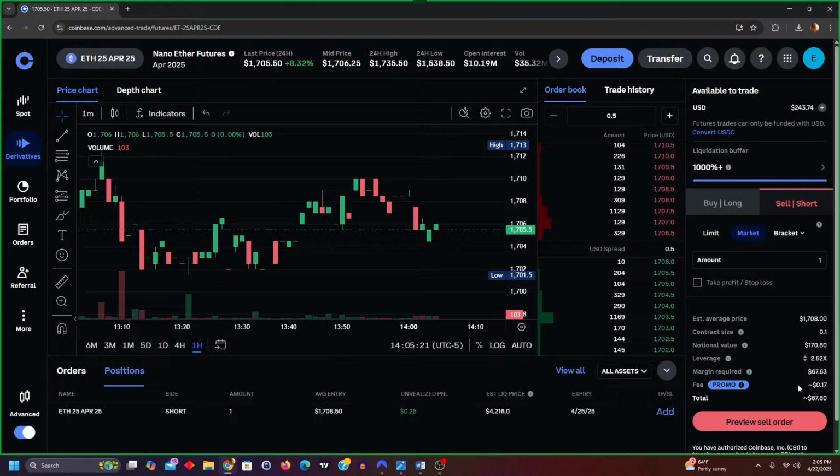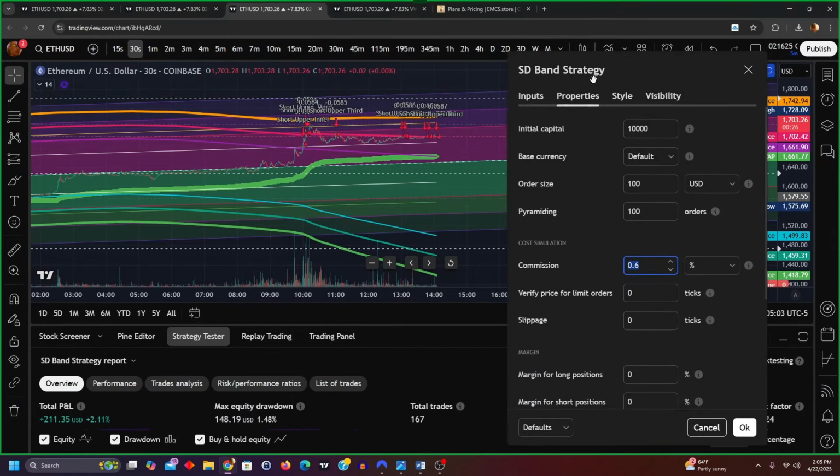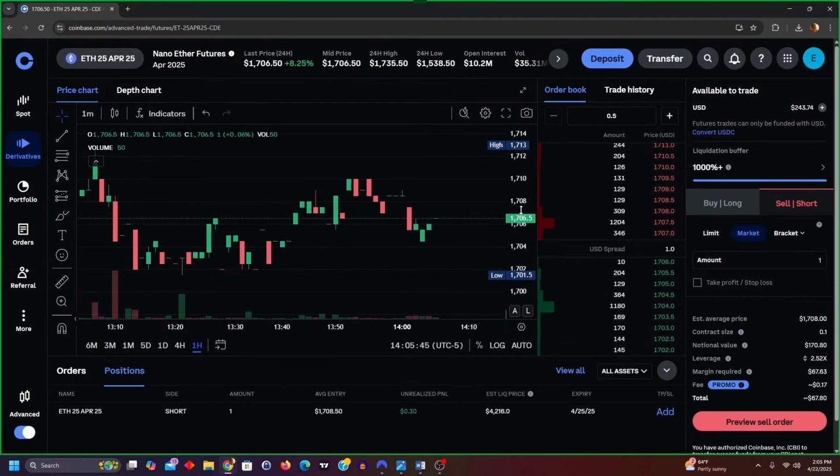So on a 100 USD purchase for buying Ethereum itself, you'd be paying a 0.6% commission, so 60 cents, right? Versus these contracts, we're only paying about 20 cents right now, and they have leverage.